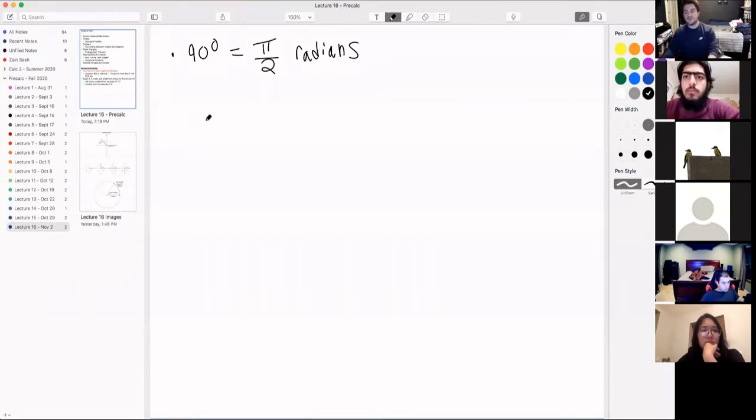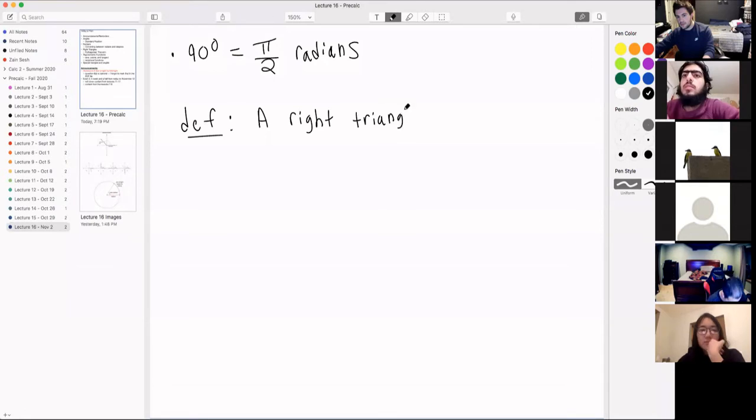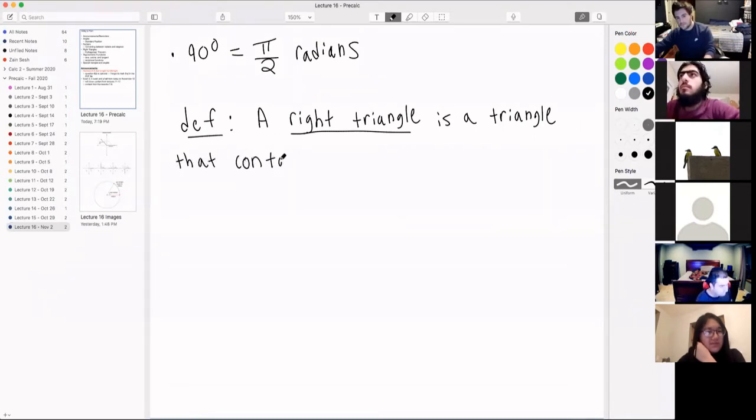Okay, let's start off with a right triangle. Definition: a right triangle is a triangle that contains a 90-degree angle.